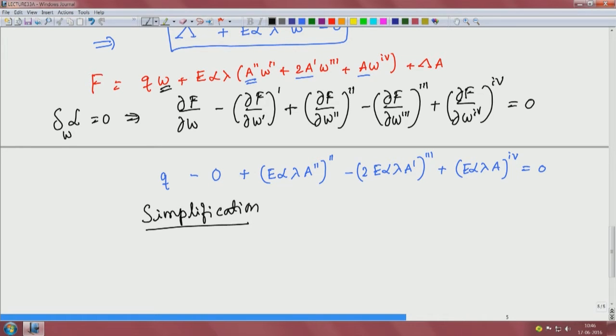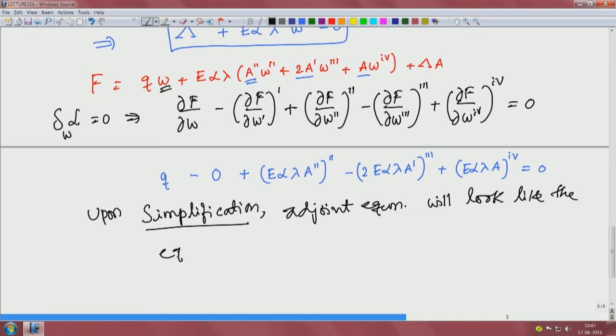In fact, you would see that this adjoint equation, that is what we get when we take Lagrangian variation with respect to the state variable, upon simplification, in this problem the adjoint equation will look, as always, like the equilibrium equation.